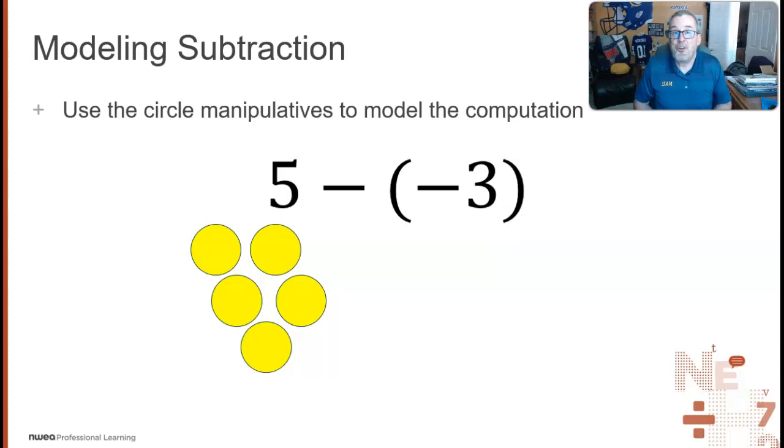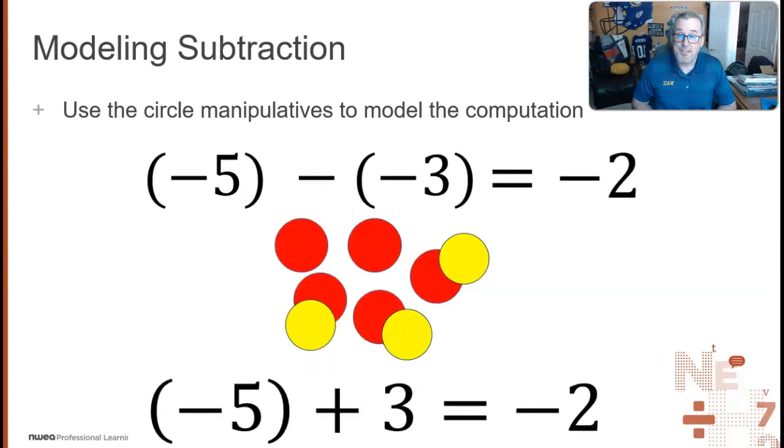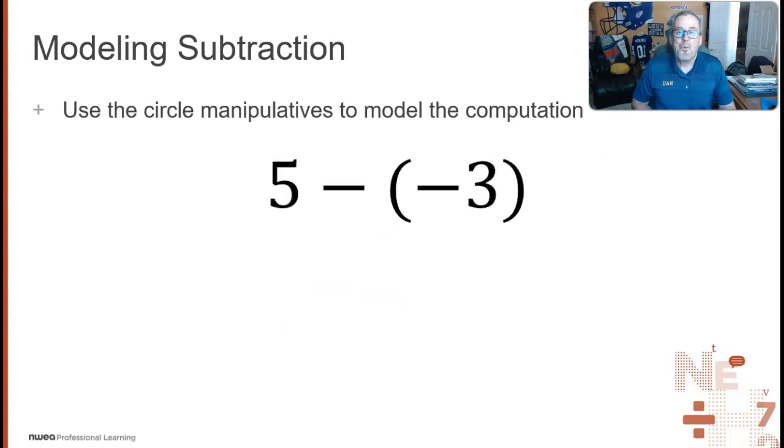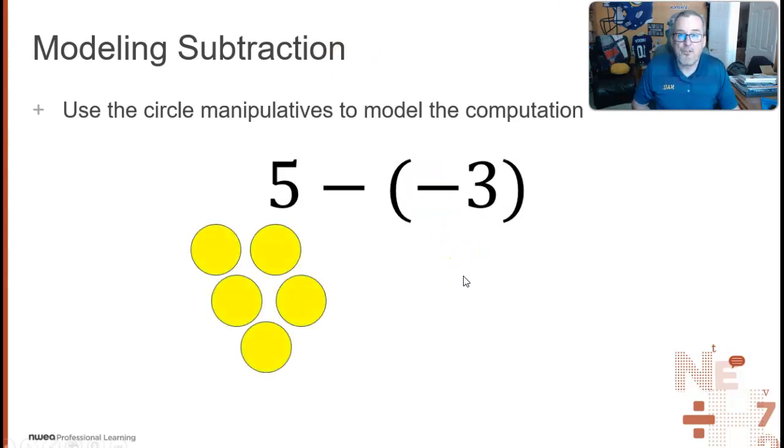Now, I would encourage you to pause the video right now and reflect back on the last module. Even reflect back on this. Is there a way that you could think of to make this visually work? 5, take away -3. 5 yellows, take away 3 reds. Pause the video, think for a few minutes.